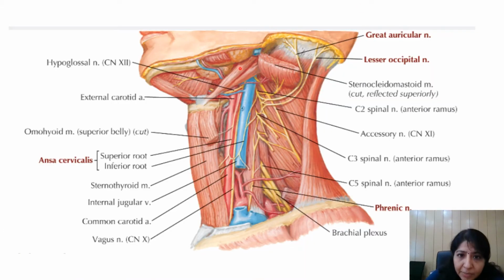Now, in these triangles is present the neurovascular bundle, which consists of the carotids, the jugular, as well as the branches, the cranial nerves and branches of the cervical plexus. Now, one such thing, can you see this U-shaped loop which is present over the carotid structures and the internal jugular vein? This ansa cervicalis we've already seen.